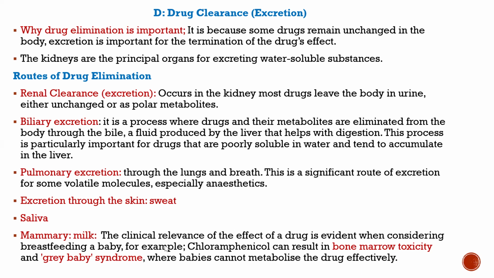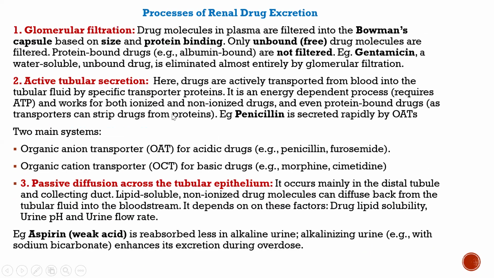When a mom is taking this chloramphenicol drug, it can be toxic to the baby. All right, so those are the different ways that drugs can be eliminated. So let's look at the processes of renal drug excretion.